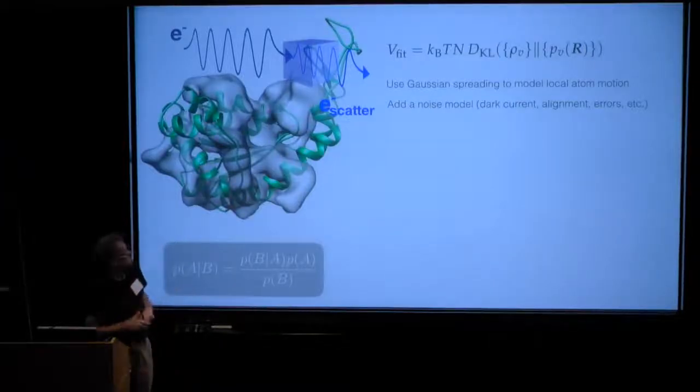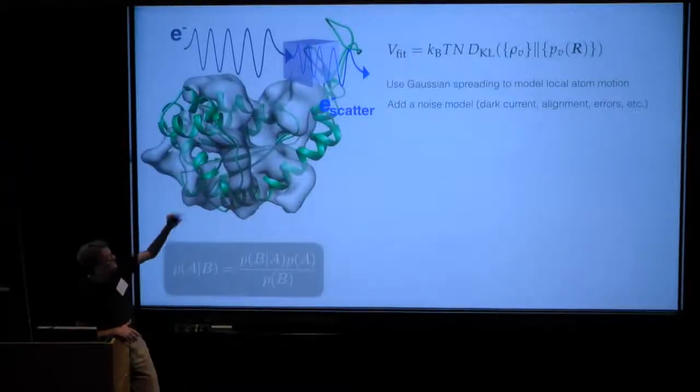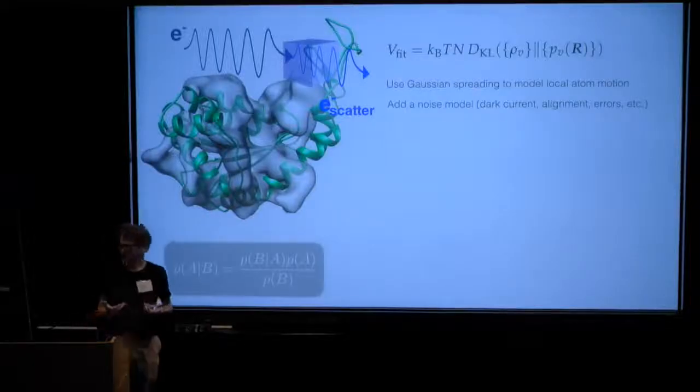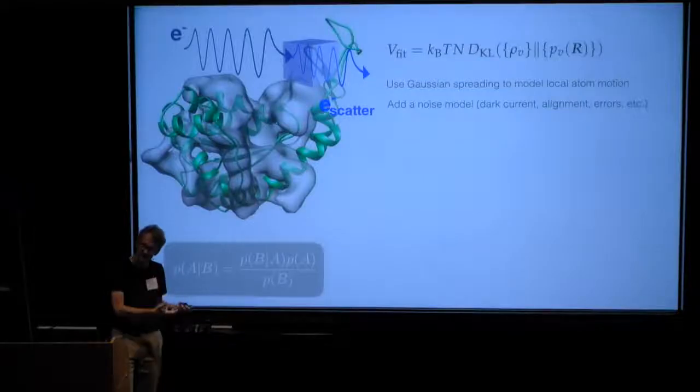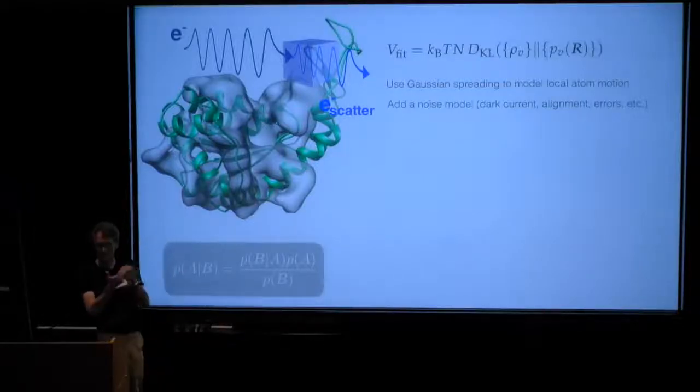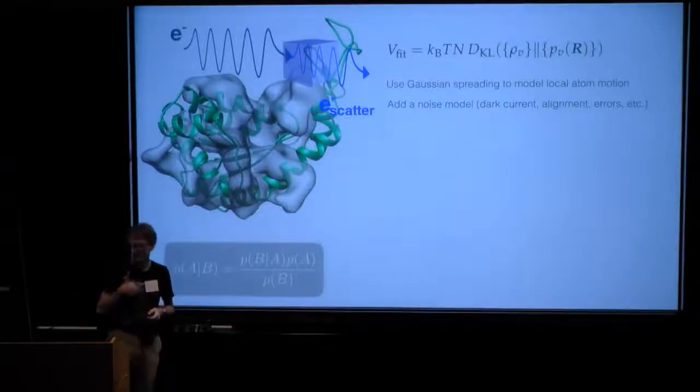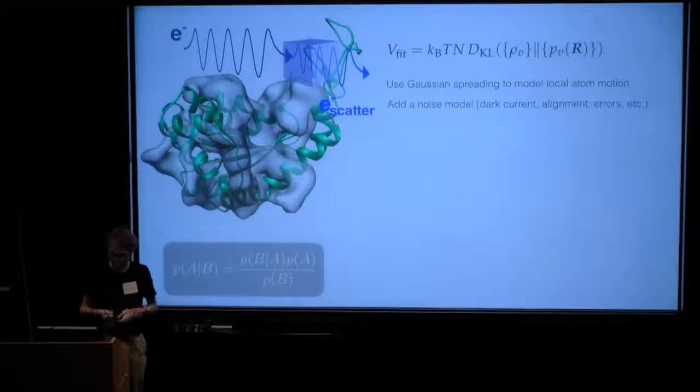But in addition to that, from the last line on the previous slide, we now have a fitting potential based on this Kullback-Leibler divergence, that if we apply this, I'm going to try to fit things into the cryo-EM density. And pretty much the only thing left to decide is how much of the fitting potential I want to apply in addition to the molecular mechanics potential.